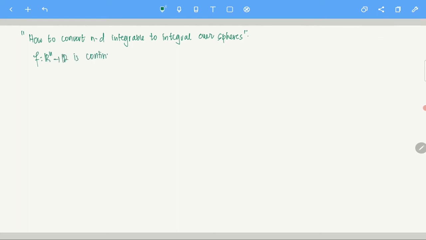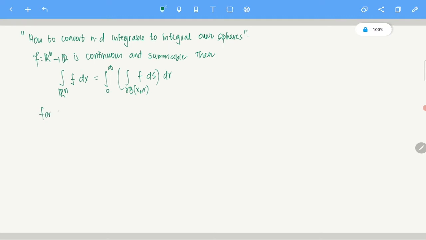Then the integral over Rn of f dx is given by the integral from 0 to infinity of the integral over ∂B(x0, r) of f dS dr. Clear? So this holds for each point x0 in Rn.